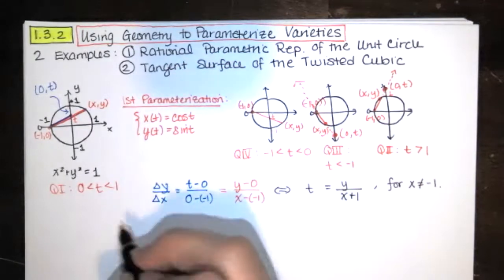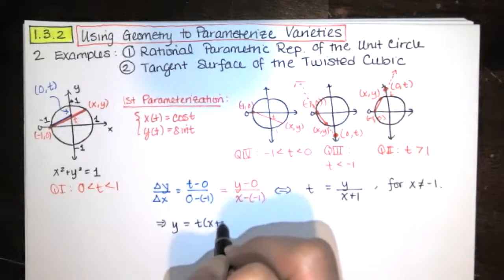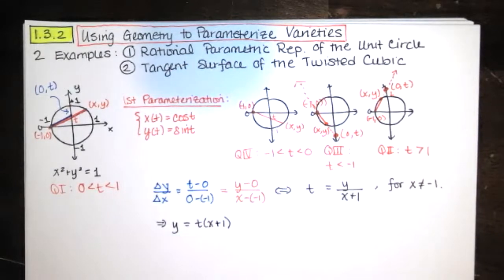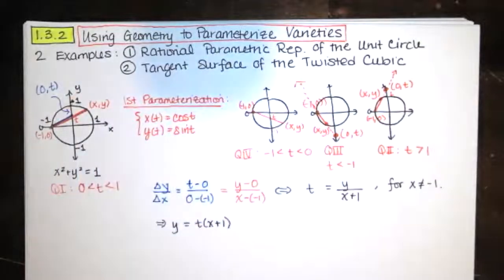And so that means we can rearrange that equation. We have y equals t times the quantity x plus 1. Now, if you're looking for a parametric representation of some curve, and that's what we're doing, we're looking for a rational parametric equation of this circle, we don't want y in terms of x and t. We really just want y in terms of t and x in terms of t.